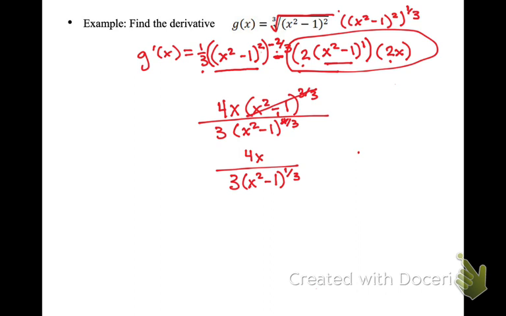So sometimes you might have it right. It's just not simplified all the way down. And you're going to get better at simplifying the more you simplify. Okay? That is the chain rule.